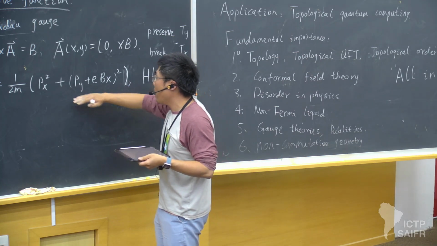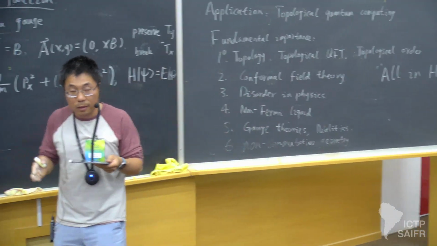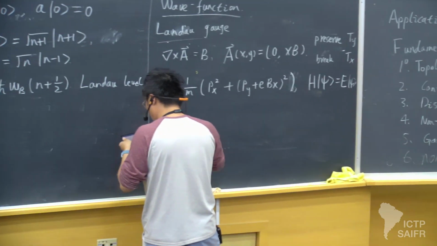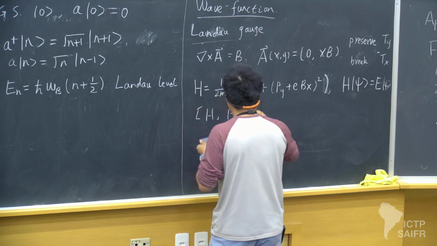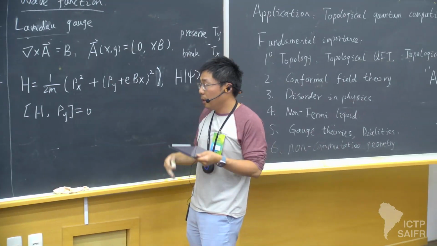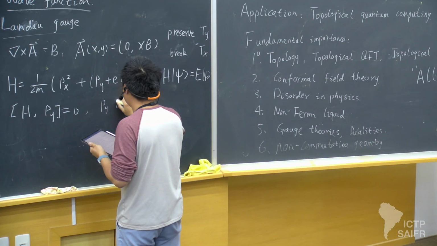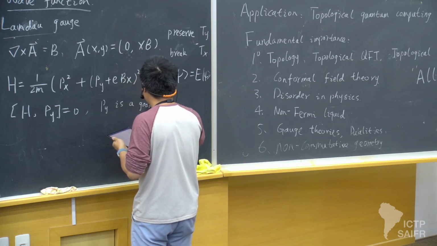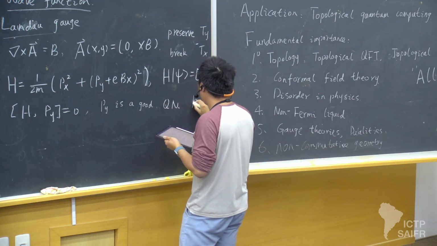That means there's a good quantum number, the momentum along the y direction. In other words, you can show that my Hamiltonian commutes with the momentum py, so py is a good quantum number for the state, which I will call k.